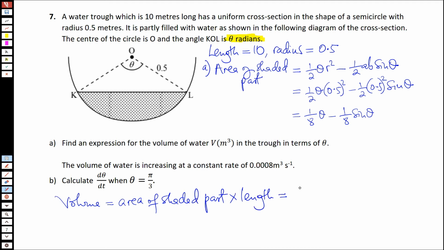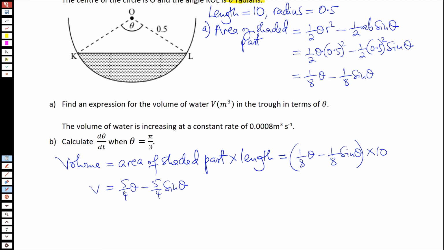So the area of the shaded part is this, and the length, so that will be 1 over 8 theta minus 1 over 8 sine theta multiplied by the length, which is 10. So this simplifies to 5 over 4 theta minus 5 over 4 sine theta. So the volume is equal to that. So that's part A. We have the volume in terms of theta.